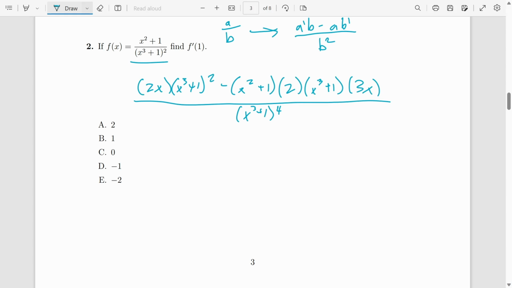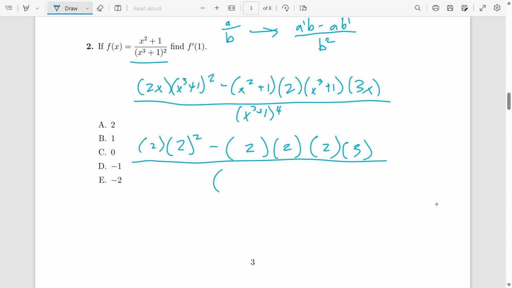So let's do that. 2 times 1 is just 2. 1 plus 1 is 2, and then squared, minus 1 plus 1, which is 2, times 1 plus 1, which is 2, times 3. Lots of 2's. That's pretty cool. And then this is going to be 1 plus 1, which is 2 to the fourth.